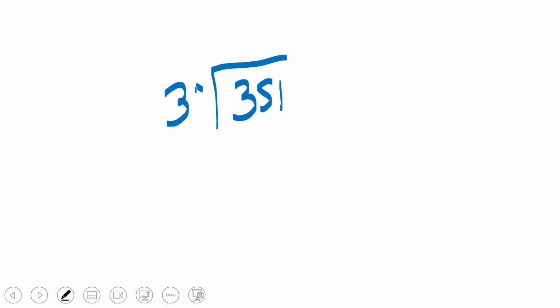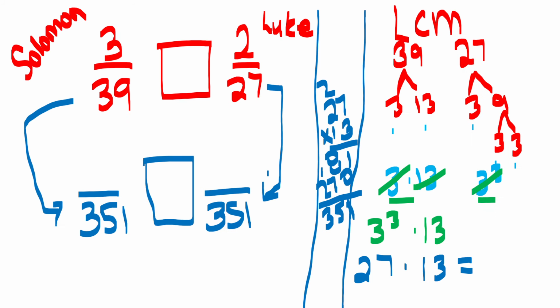So we divide. 39 will fit into 351 quite a lot, so we might start with 9. Work that out. Okay, so we get 9.